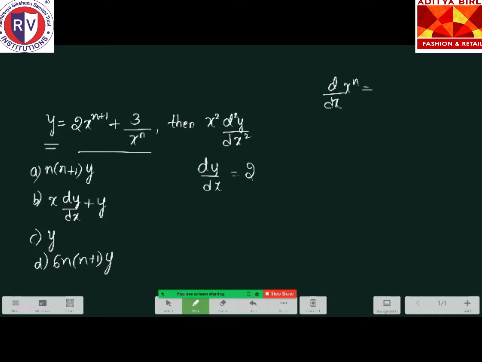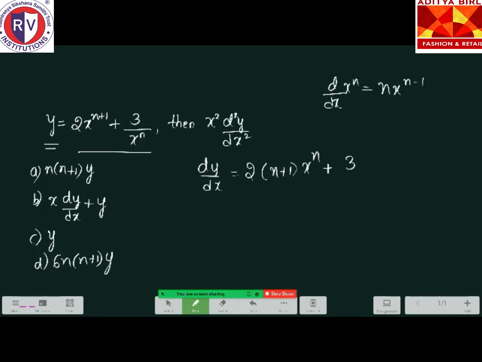This will be n into x to the power of n minus 1. So we have x to the power of n plus 1 here, so we will have n plus 1 into x to the power of n plus 1 minus 1. That will give us x to the power of n here.